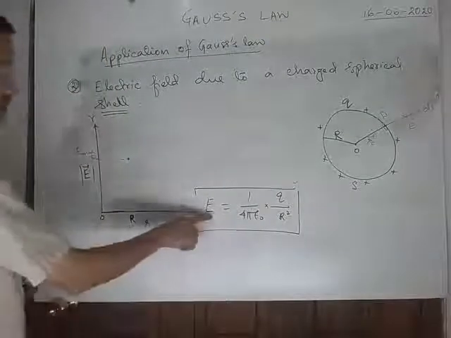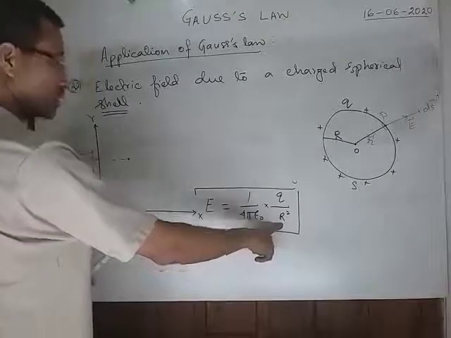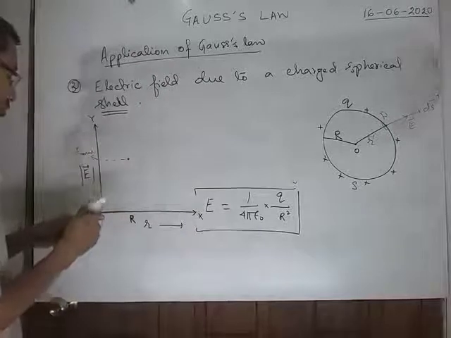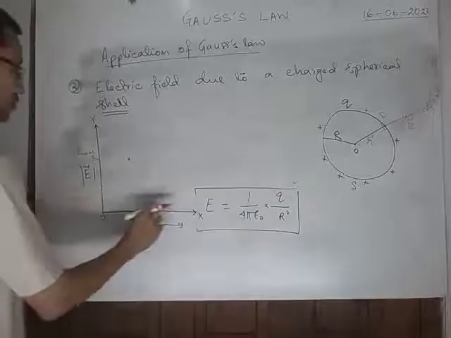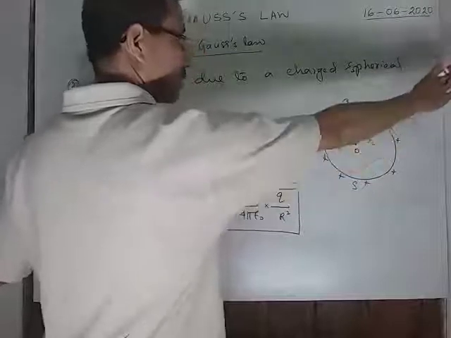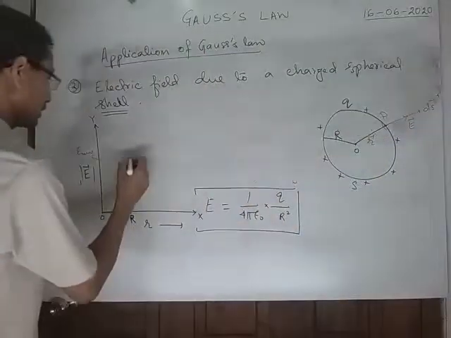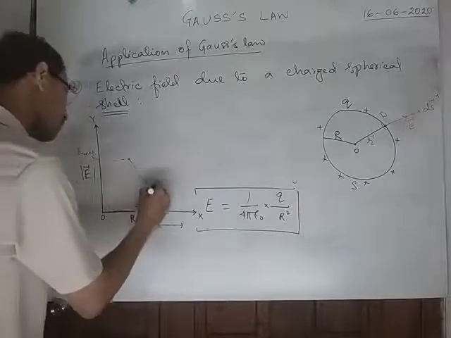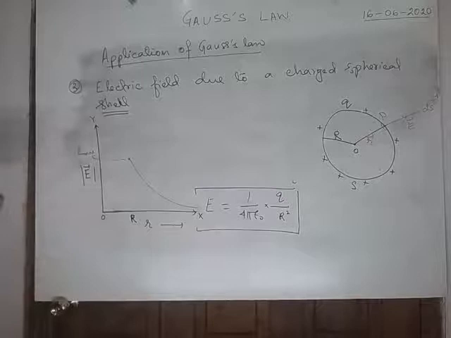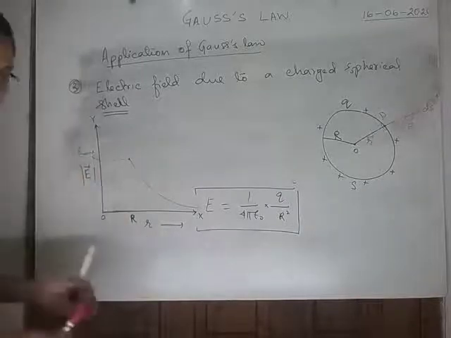And moreover, this is inverse square, right? So it will rapidly decrease like this. So from here, when you go more and more outside the spherical charge body, farther and farther, your curve will go like this. This is the electric field versus distance graph. Okay, this is what I wanted to tell you.